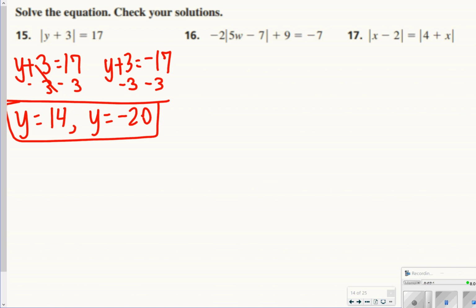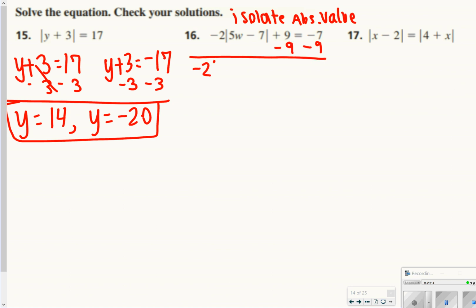For number 16, it would be important to isolate the absolute value. So I'm going to minus 9 first. So I get negative 2, absolute value 5w minus 7 is equal to negative 16. And then I'm going to divide both sides by negative 2, so that I get absolute value of 5w minus 7 is equal to 8.